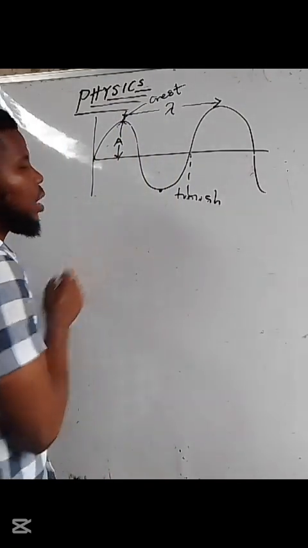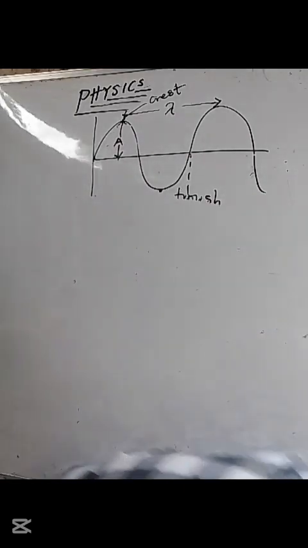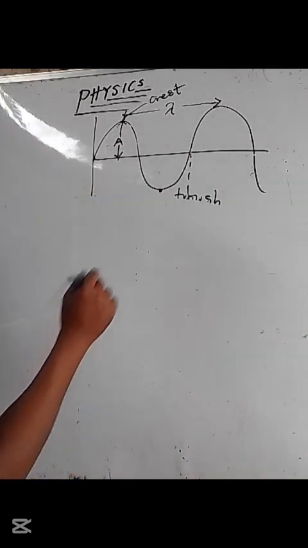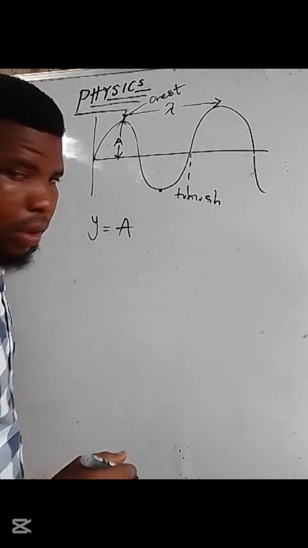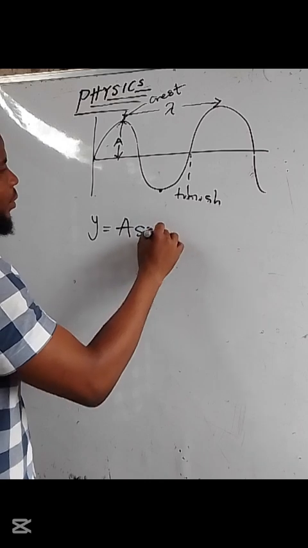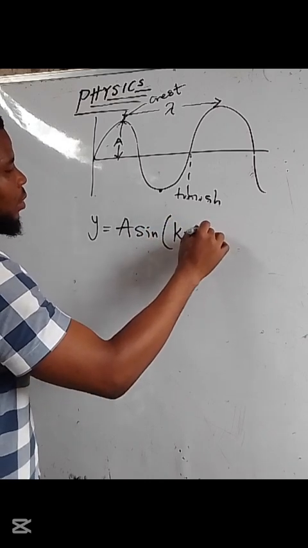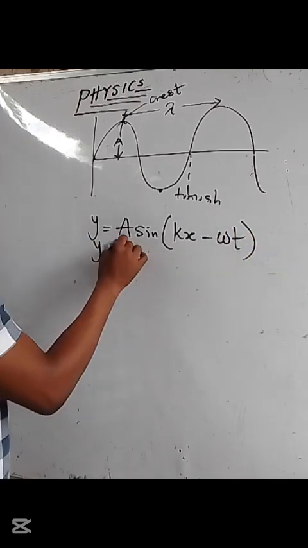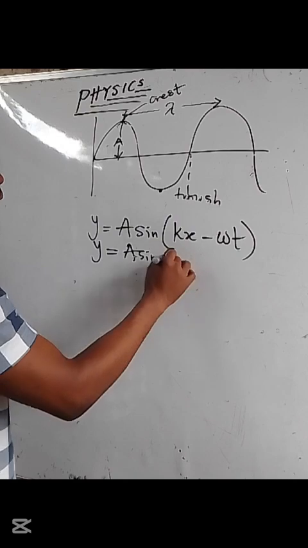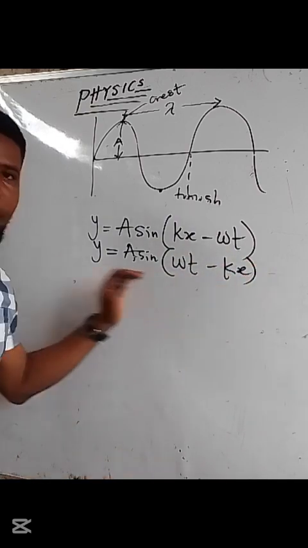So for wave function, we have that y is equal to amplitude sine, if I have kx minus omega t, either way, it can be in this form. Amplitude sine of omega t minus kx. This is the function of wave.